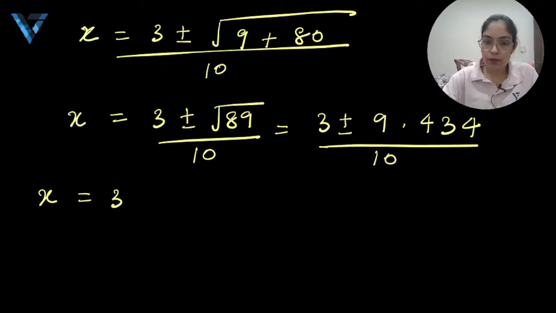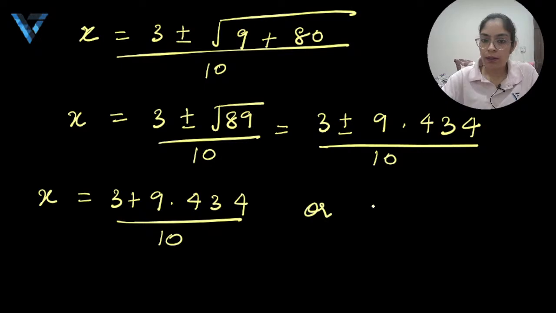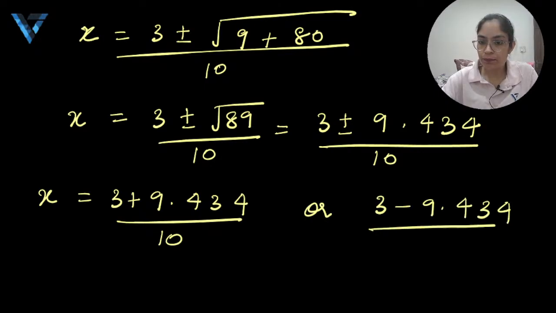So x is equal to 3 plus 9.434 by 10 or 3 minus 9.434 by 10. See which value is given in the textbook, that one you have to tell me. Why two different values?